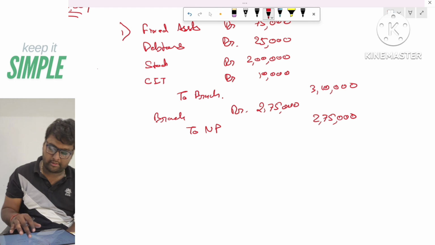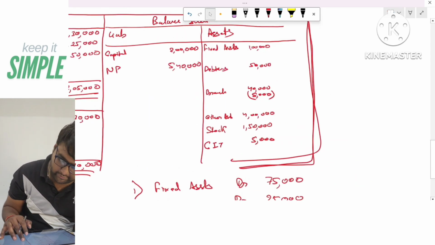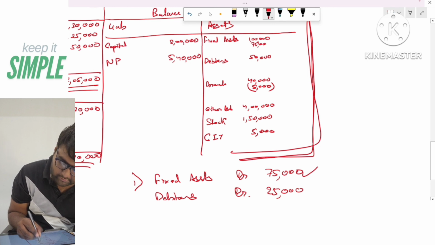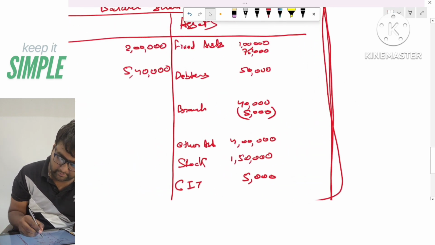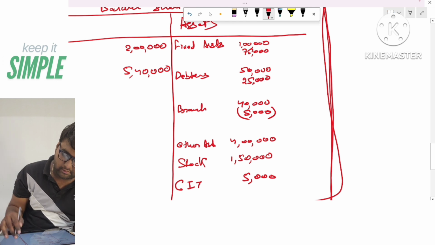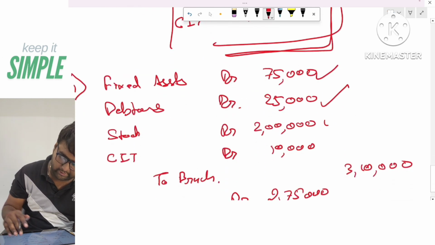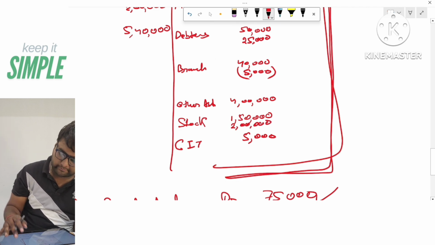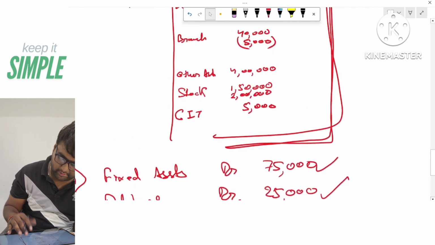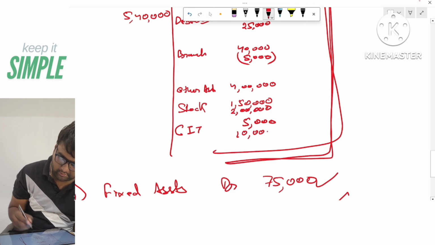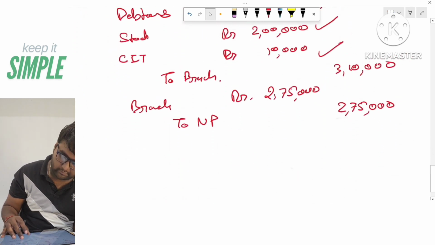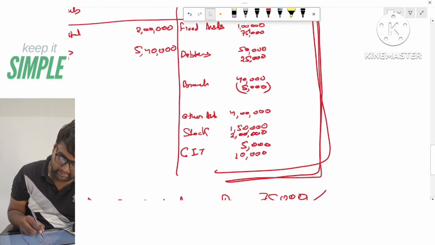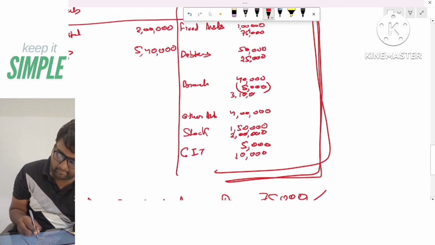So what will be the effect in balance sheet? Fixed assets will increase by 75,000. Debtors will increase by 25,000. Then stock will increase by 2 lakh. Cash in transit by 10,000. Then branch will be credited, that is branch will be decreased by 3,10,000.